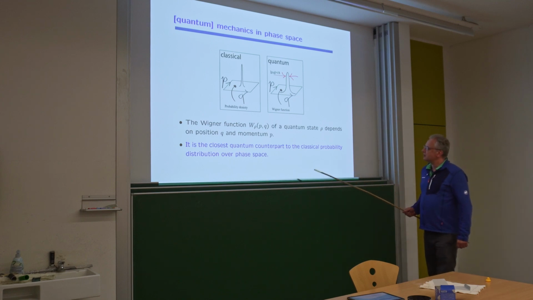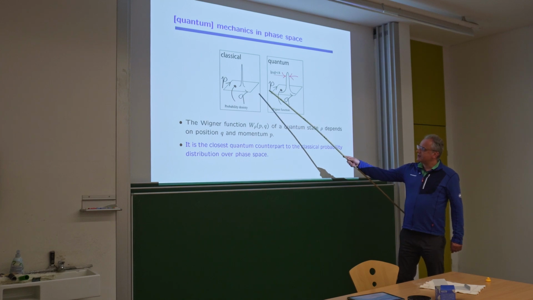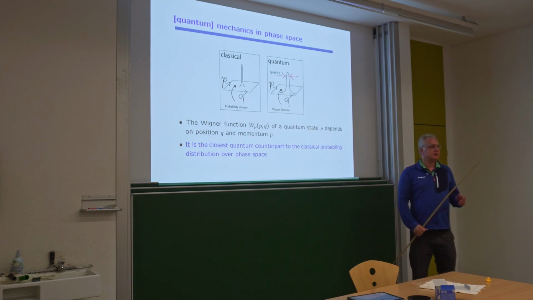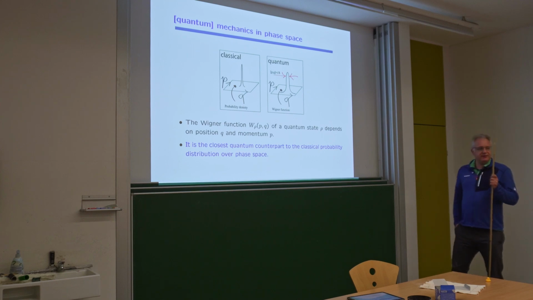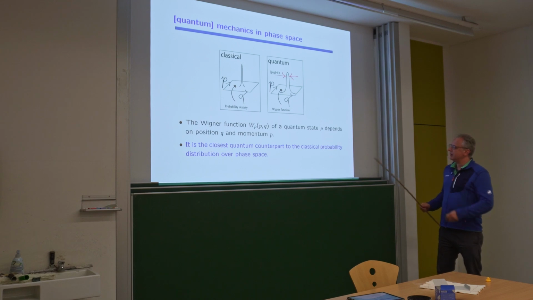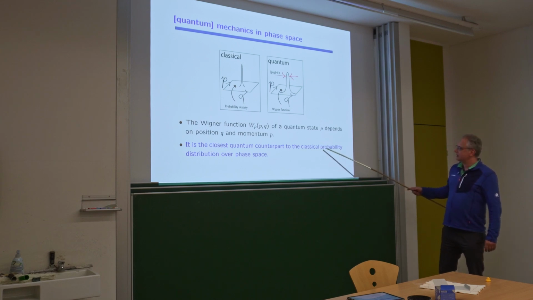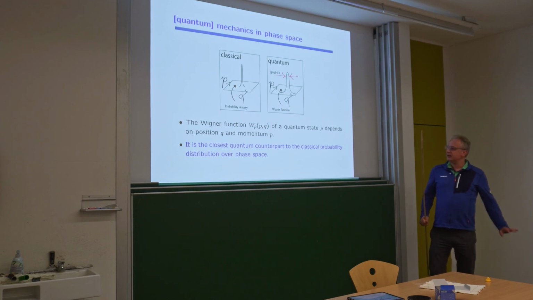So this whole concept of a probability function over phase space does not straightforwardly apply in quantum mechanics. So you have to replace it by something, and that's what the Wigner function is. The Wigner function is the closest quantum mechanical counterpart to the classical probability distribution over phase space.